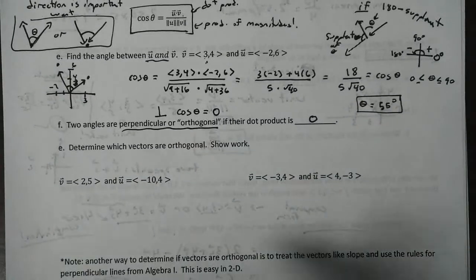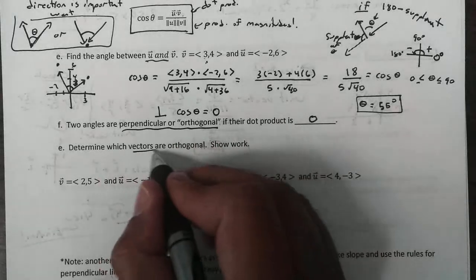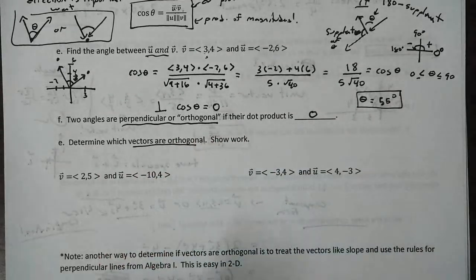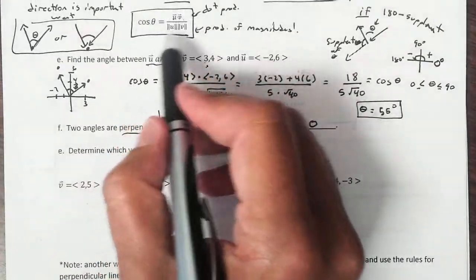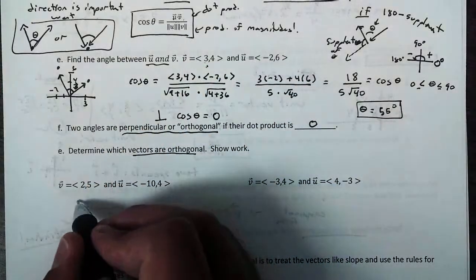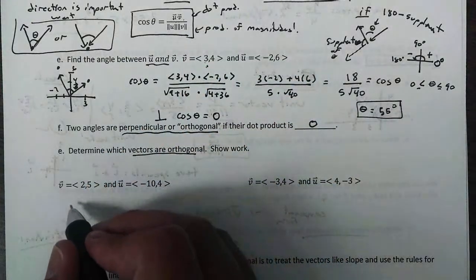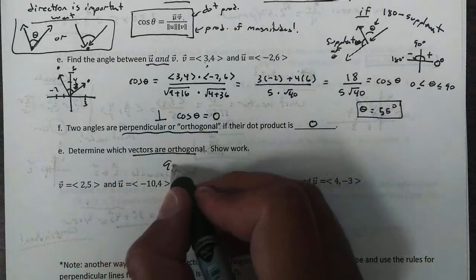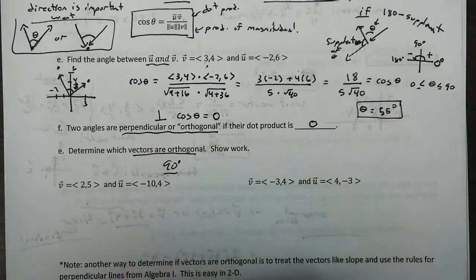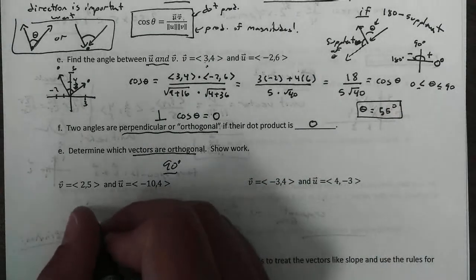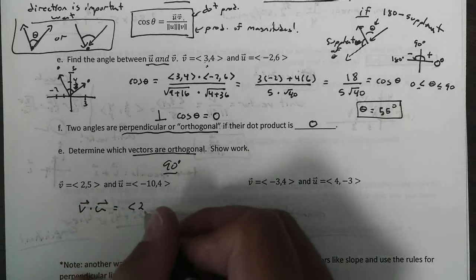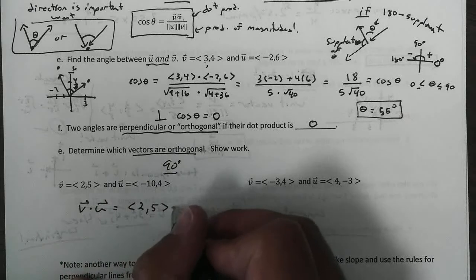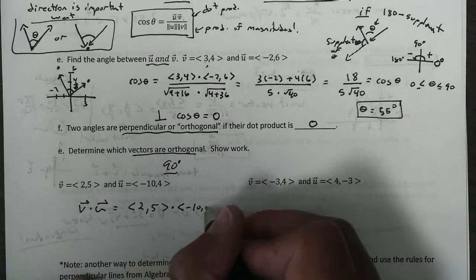So if I want to find out which vectors are orthogonal, and we do this all the time, think about a right-hand rule. If we're looking for where vectors are orthogonal, I don't have to do the entire angle rule. I can just look at their dot product. So I'm looking for 90 degrees. So I can just look at their dot product. V dot u. And that's going to give us 2, 5, dot that with negative 10, 4.